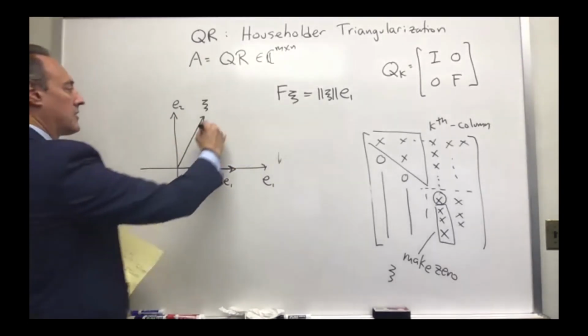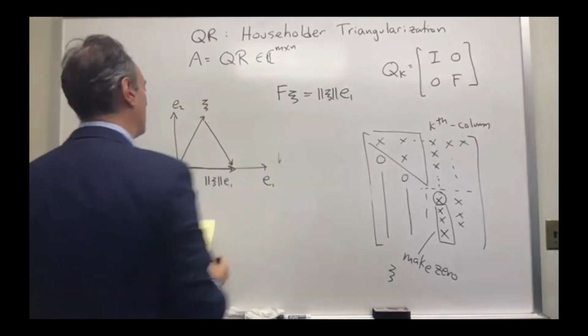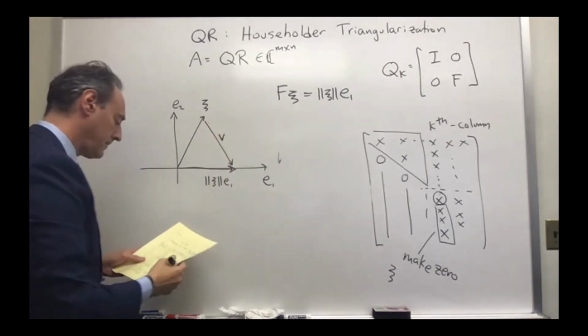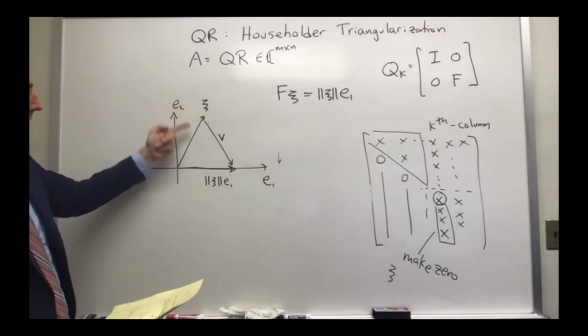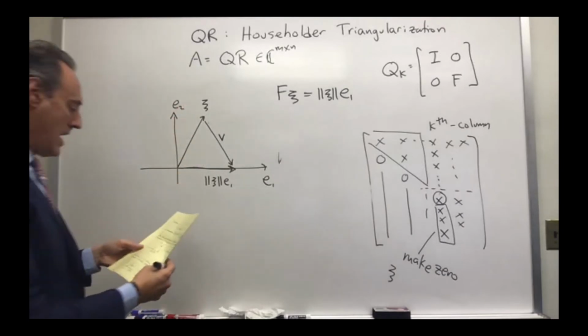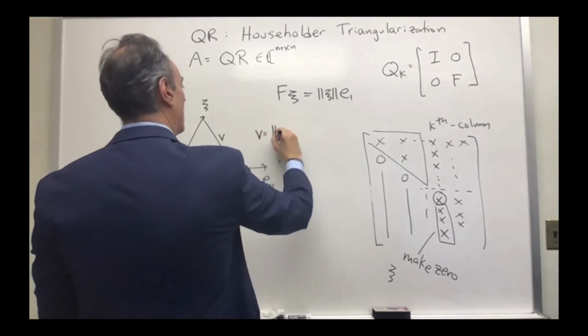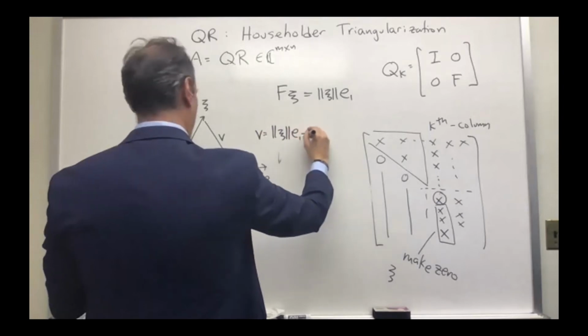I want the projection that takes me from here to there. Let's call this vector V. So the vector V is here. So here's what I have. I want to project it to there. And V itself is equal to this vector.